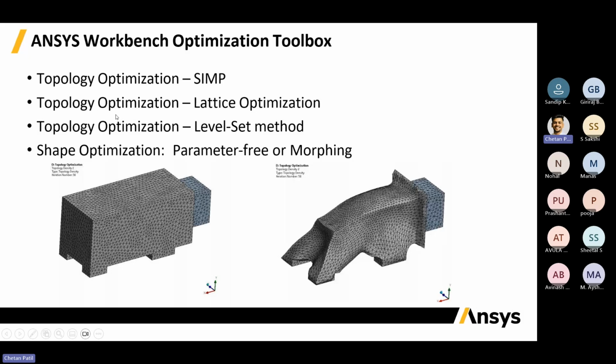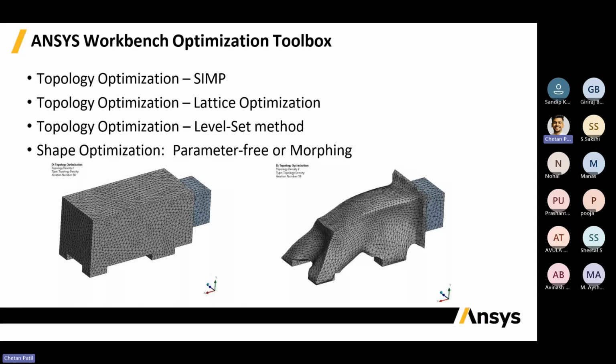But later on, the same kind of thing is applied in lattice optimization as well. This is another, more advanced kind of optimization where the optimization will be done in a lattice structure. This usually takes more time to do the optimization because lattice is a different kind of topology structure itself.